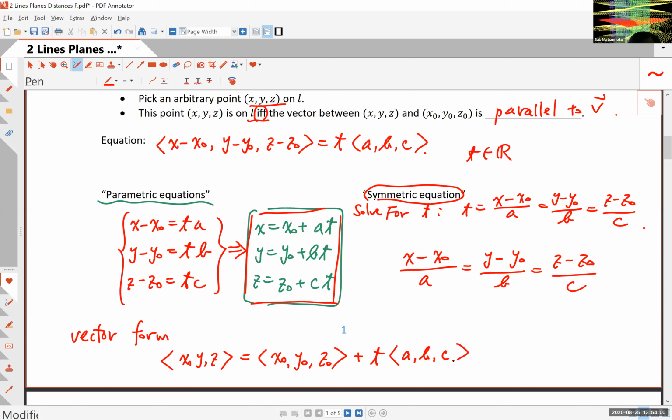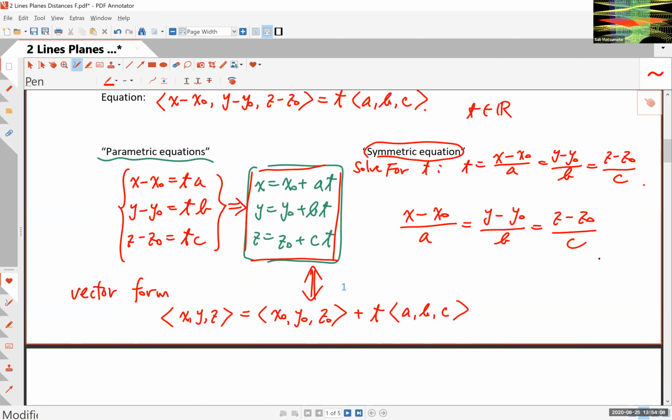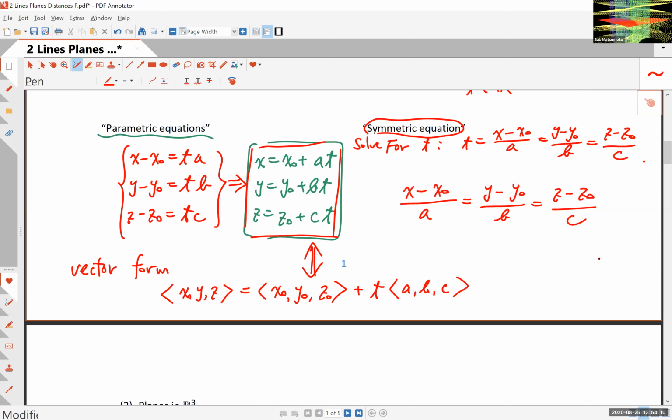Now, of course, that is the same as that, right? So there is no difference here, but this is sometimes called a vector form of the equation of the line.